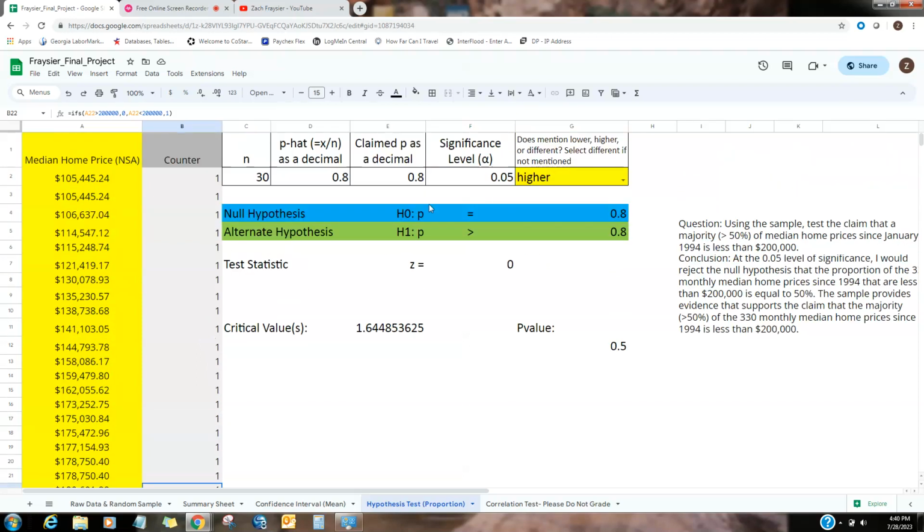All that the p-hat is coming from is the 24 divided by the sample size 30. But if we had the claim of 0.8, the z-value would be 0, p-value 0.5. That's what the question is. Over 50% higher.